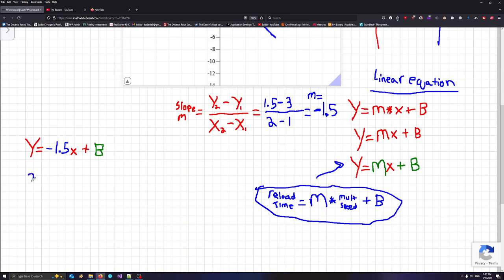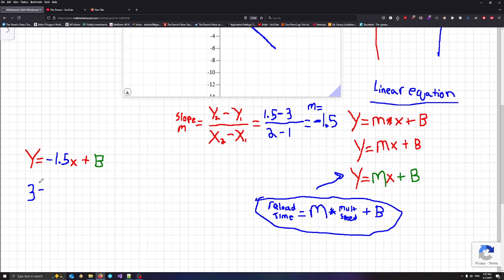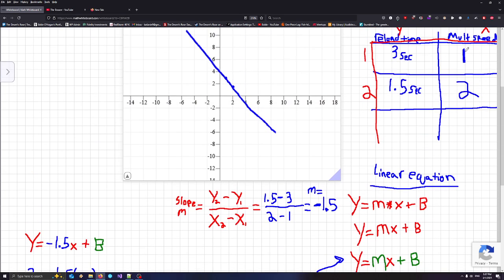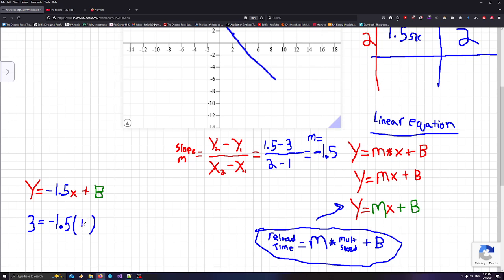We'll do 3 is equal to negative 1.5 times, let's see, what is our x value for 3? It's 1. So that's just times 1 plus b.